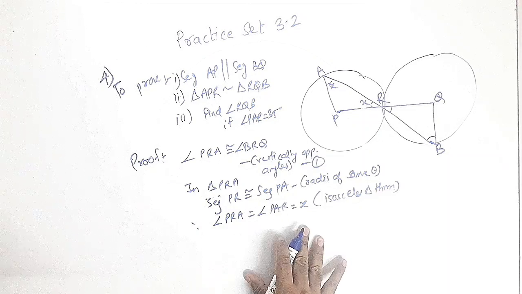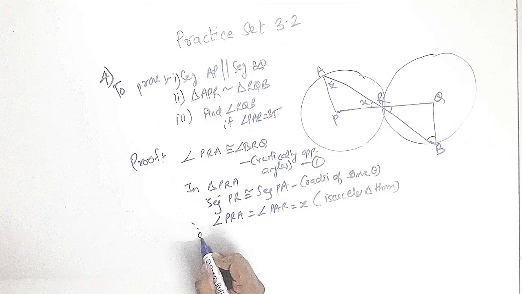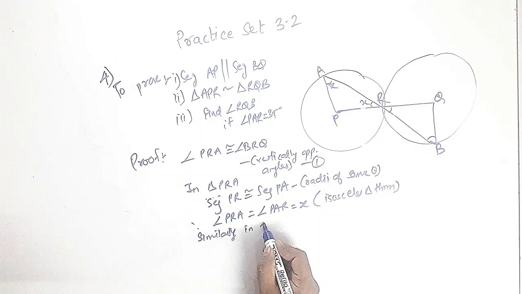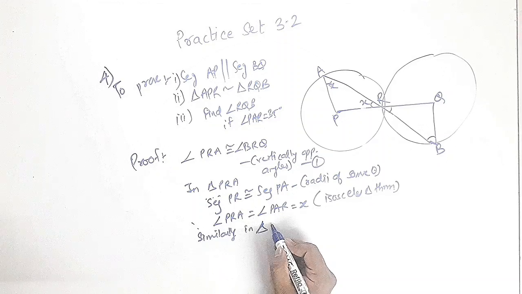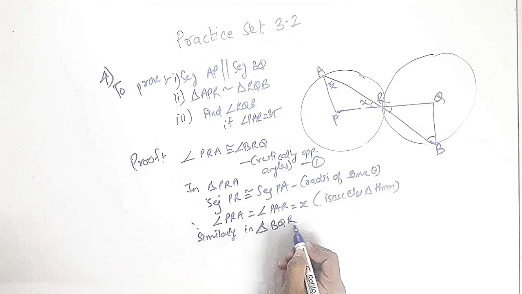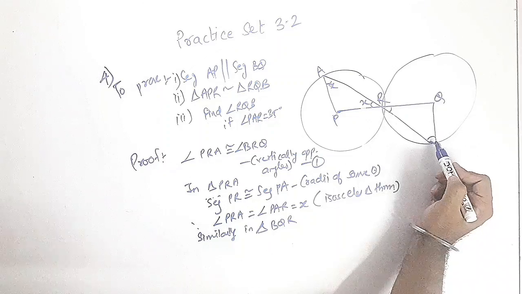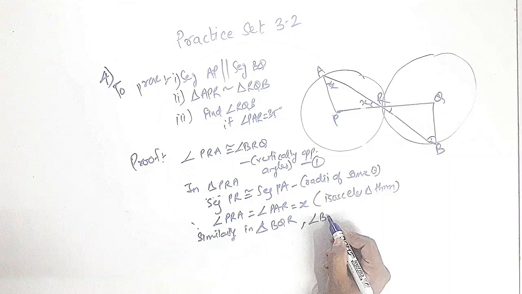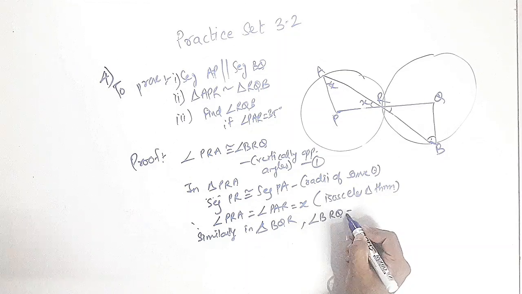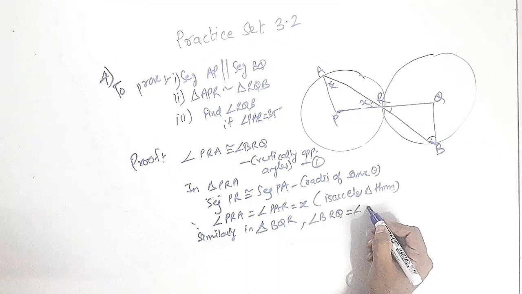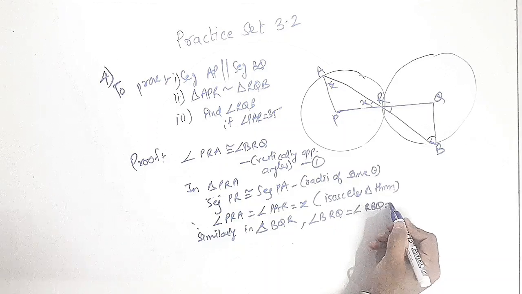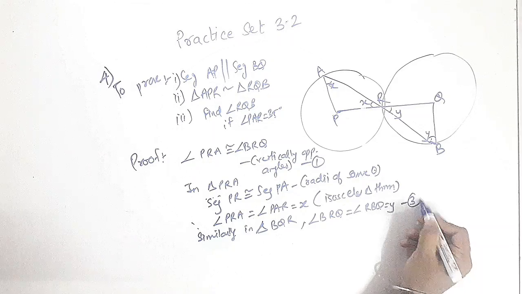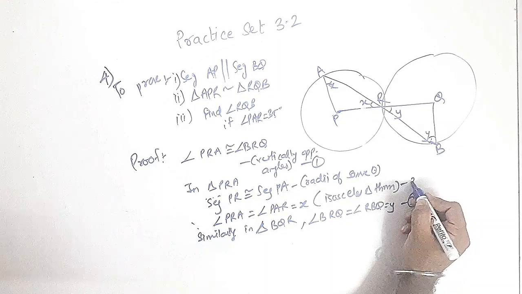Correct? Now if you observe, similarly in triangle BQR, it is an isosceles triangle, here I can write angle BRQ equals angle RBQ equals Y. This I am taking as Y. This I am giving point number 3 and this I am giving point number 2.